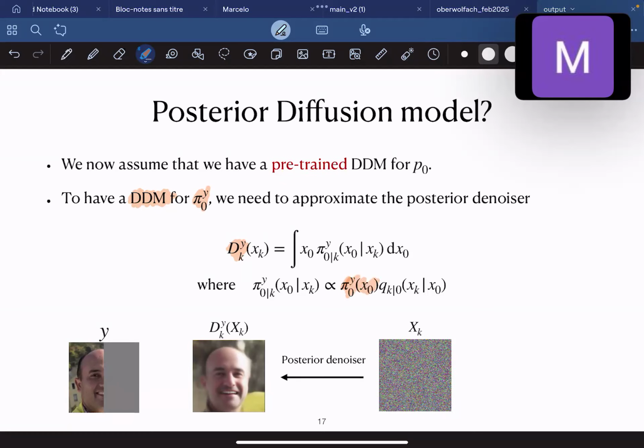That's the sequence of denoisers I would like to have access to. If I had access to it, I would be able to simulate the diffusion model associated with pi 0y, and so I would be able to sample from my posterior.